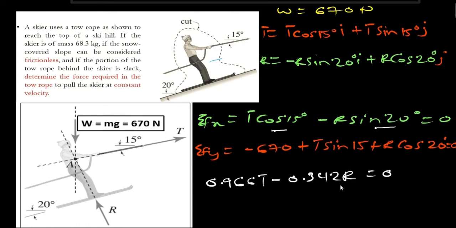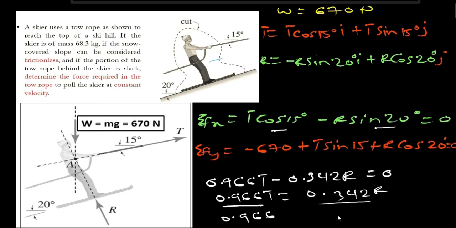I'll take this to the right hand side. So I have 0.966 T equals 0.342 R. So I divide both sides by 0.966.